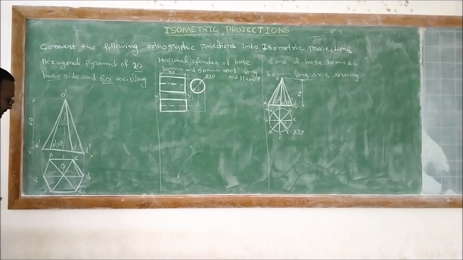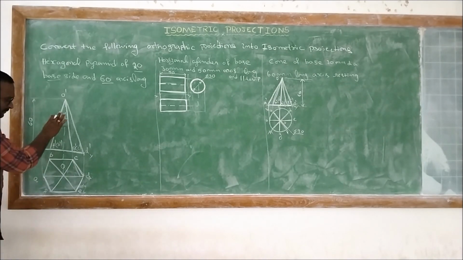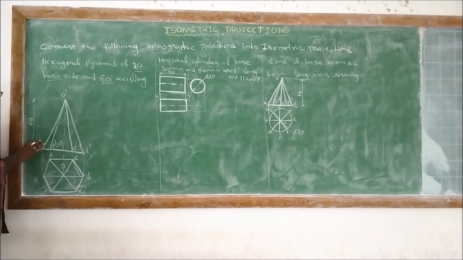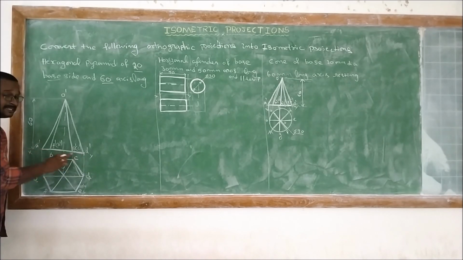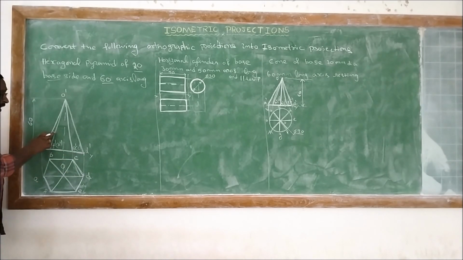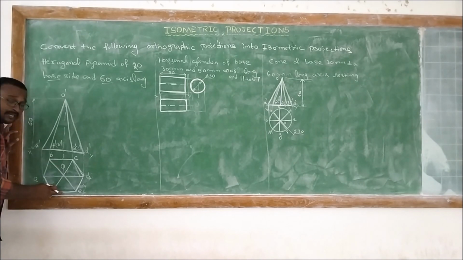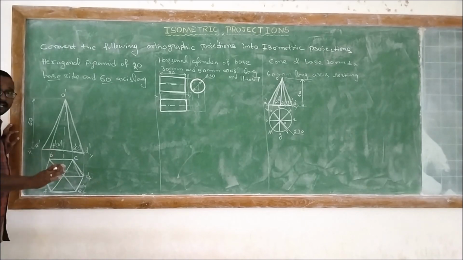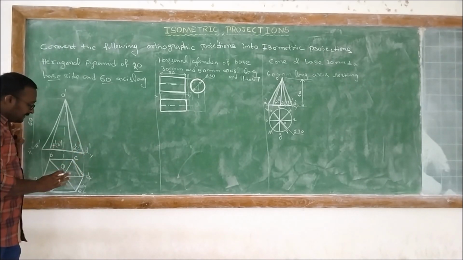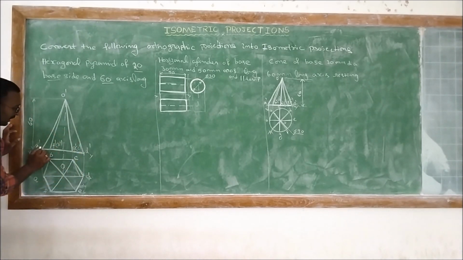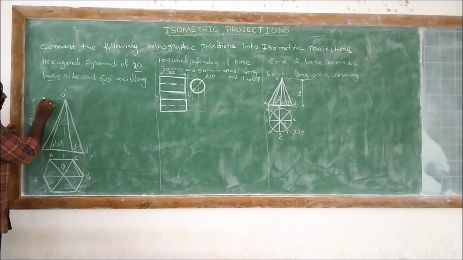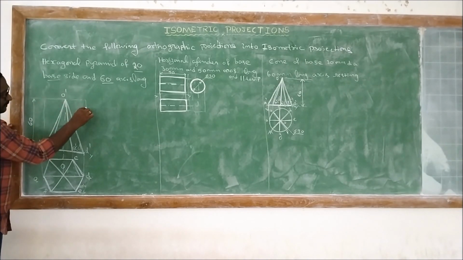In the front view, we can observe that only the base line is an isometric line. Remaining all the lines are non-isometric lines. Here also, this line and this line, two lines, are isometric lines. Remaining all the sides are non-isometric lines. So we need to draw an outside box for each and every view.